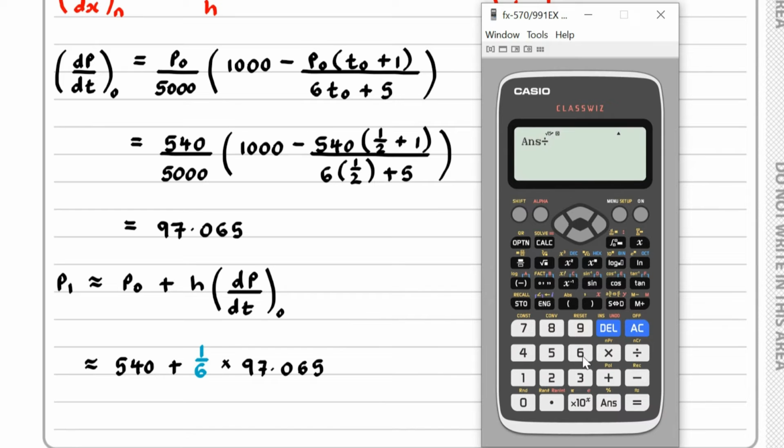So if I divide this value by 6 and then add on 540, it turns out P1 is equal to 556.1775.